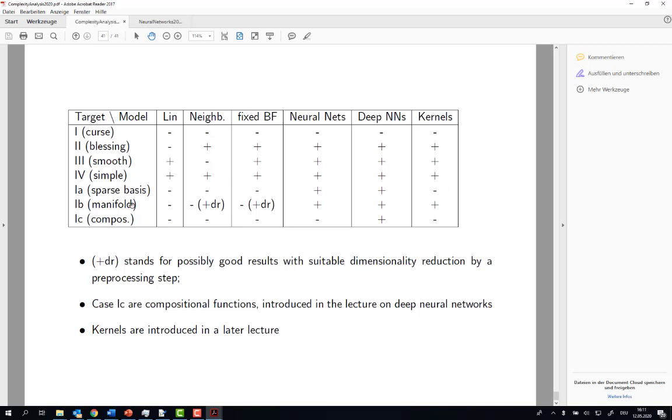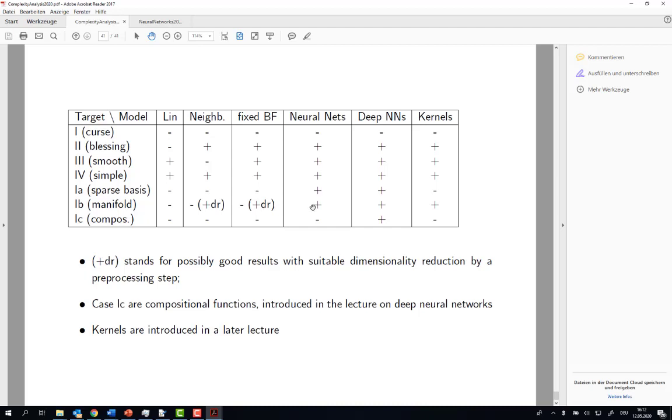Then we have the issue that input data is on the manifold. We'll come to this back later. Linear systems cannot exploit this. Neighborhood systems cannot exploit it unless you do some smart preprocessing. So the DR stands for dimensionality reduction as a preprocessing step. Fixed basis function, same thing. Essentially, they cannot deal with it unless you do some smart preprocessing.